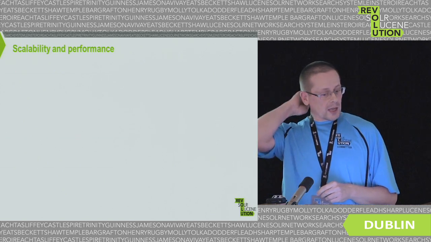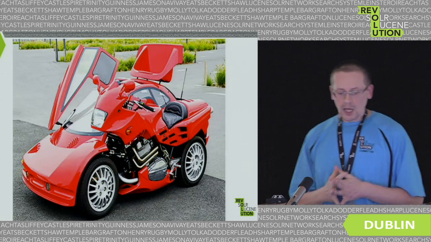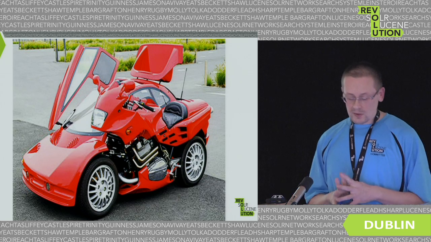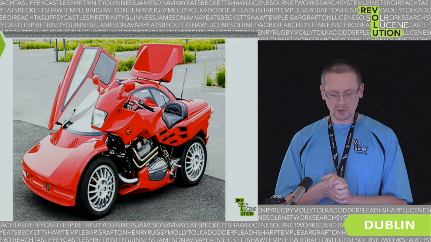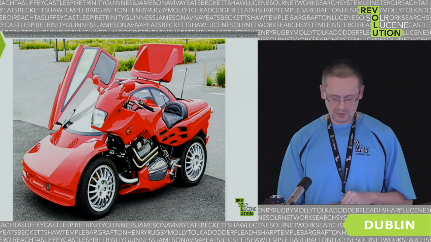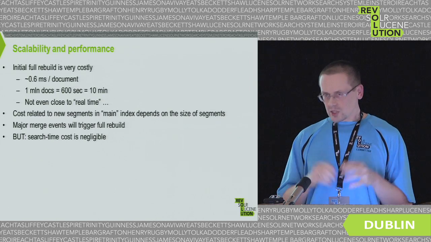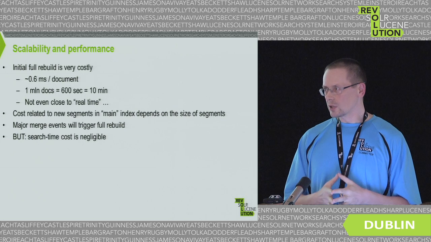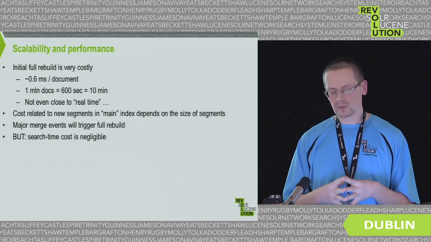You may wonder what the scalability and performance of this solution is. Of course, our dream is that with minor effort, we could turn our bike or motorbike into a Lamborghini. The reality is, of course, different. As I mentioned before, this initial full rebuild and periodic full rebuild afterwards is very, very costly.